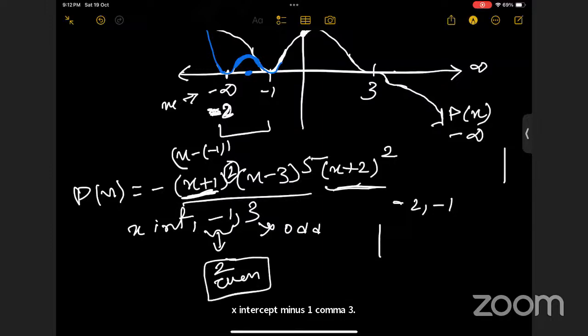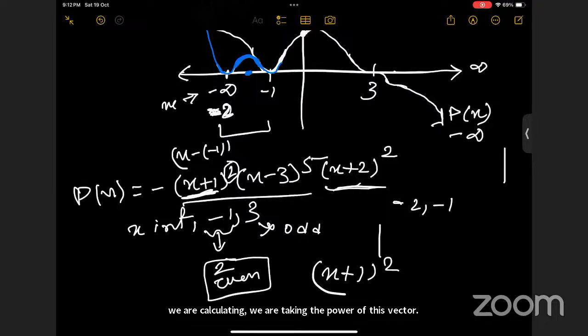He's talking about the power. From this factor we are getting the x-intercept -1, and we take the power of the factor from which we get the x-intercept. So here the power is 2, which is even.